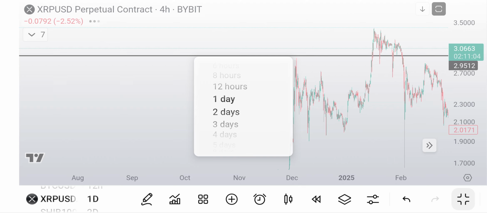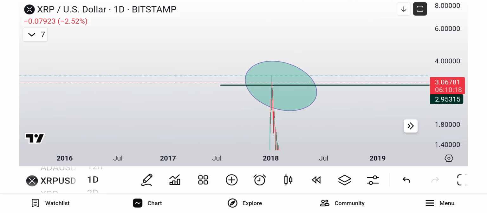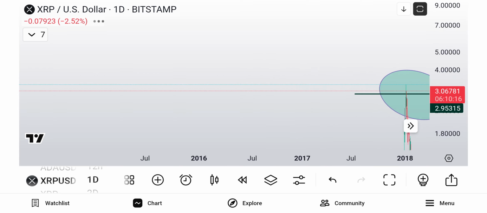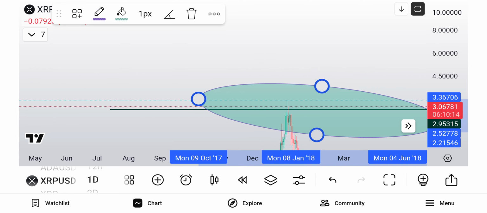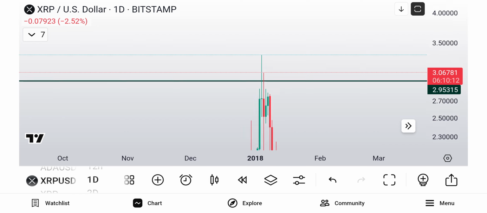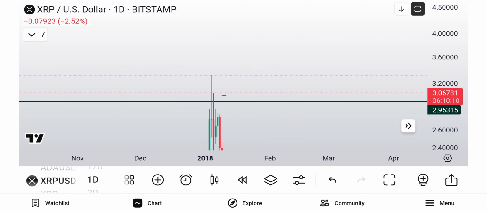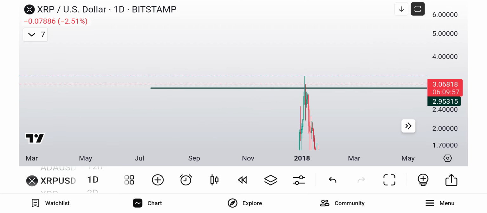But if you go to the daily, you could see that the 2018 all-time high was also back tested. So right there, we entered into price discovery. We had a weekly close above. We had another candle above. And now we're pulling back to retest the all-time high. I mean, that's all normal.